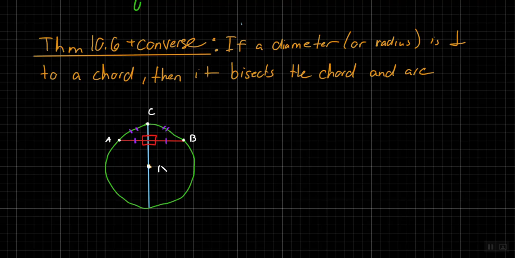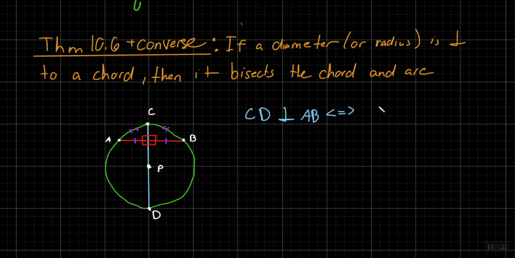Let's call this P, and this point down here, D. Okay, so this is saying that if CD, our diameter, is perpendicular to which line, Vincent? Yep, AB. And this is an if and only if, so double arrow.